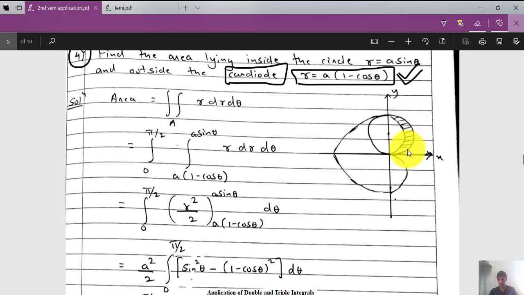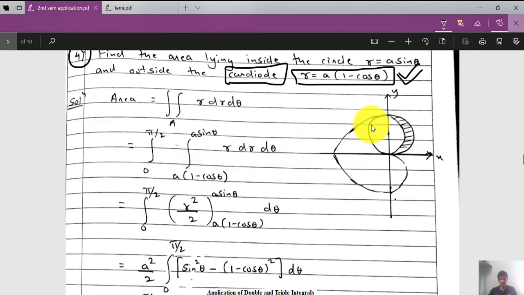So this is the shaded region, can you see? This is the area to be found, because here there is no circle, and I don't want the region outside the circle. It is inside the cardioid and outside the circle. So this will be the region if the question is given in such a manner.